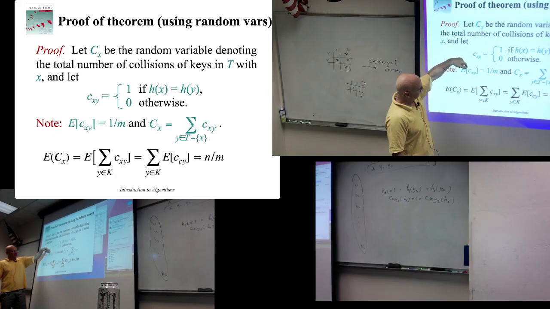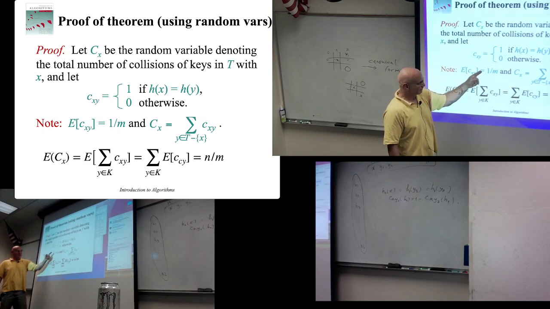What is the probability of C x y? It's a Boolean variable. C x y is just the probability that C x y is 1. We have done this exercise many times. So this is just 1 over m.